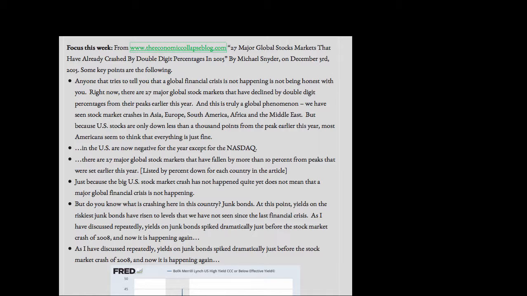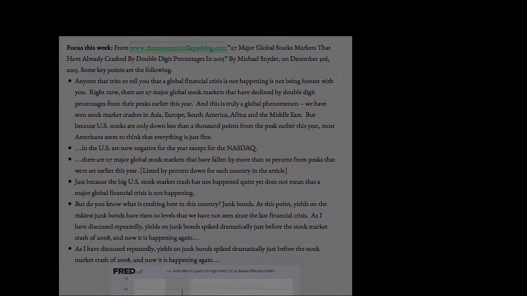But do you know what is crashing here in this country? Junk bonds. At this point, yields on the riskiest junk bonds have risen to levels that we have not seen since the financial crisis last time around. As I have discussed repeatedly, yields on junk bonds spiked dramatically just before the stock market crash of 2008, and now it is happening again.